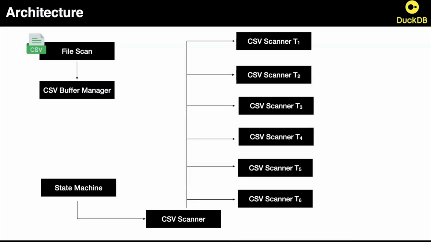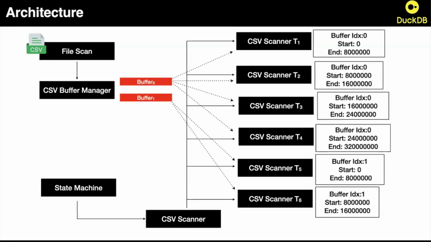And in our case here, we have 6 threads. And in DuckDB, the way it works is these buffers are 32 megabytes, and each thread will always work on about 8 megabytes. So you can see here, for example, that thread 1, hopefully you guys can see in the back, basically gets buffer index 0, and it reads the first 8 megabytes.